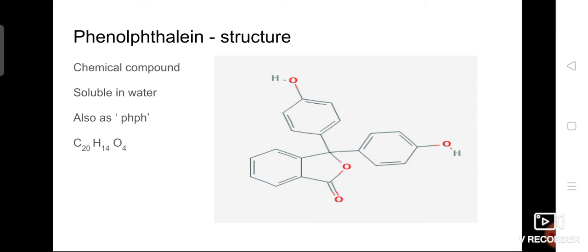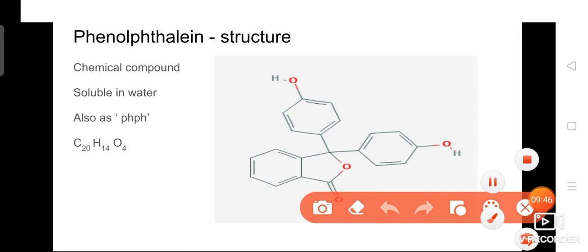It is not a natural indicator, but a chemical indicator. Here is the structure given in this picture. Have you observed this? This is the structure.